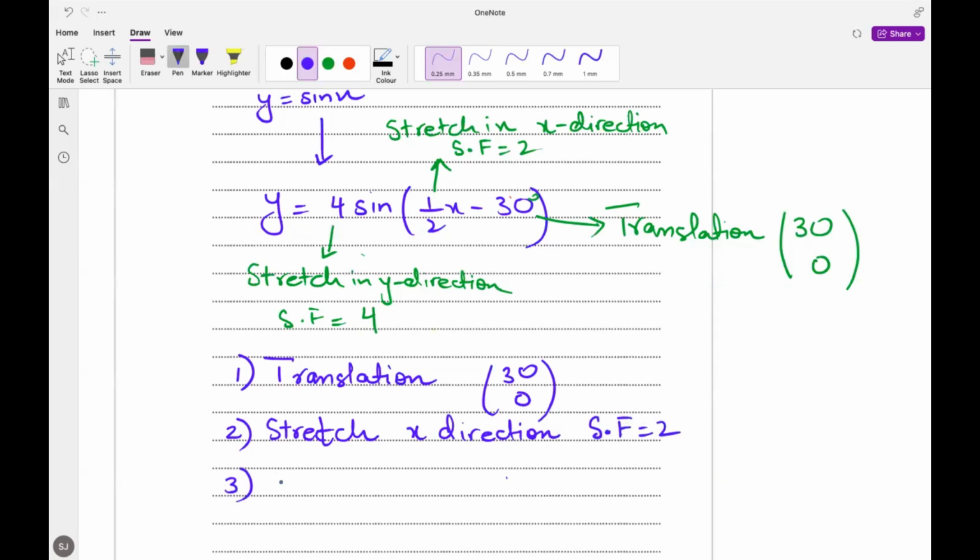And we can finally write there will be a stretch in the y direction, and the scale factor will be 4. Now, this stretch in the y direction could have been in any place, in 1, 2, or 3. However, we'll always put the translation in x before the stretch in x direction.